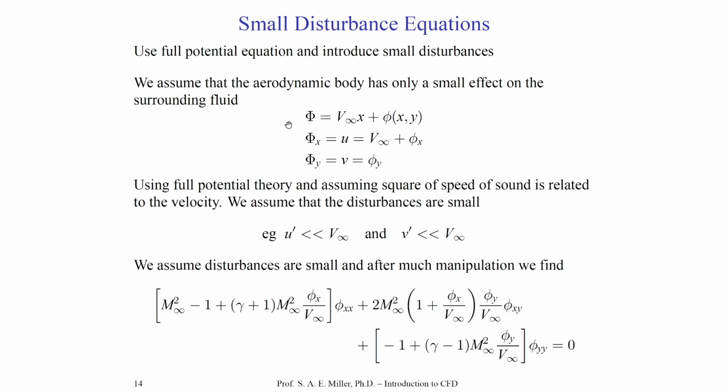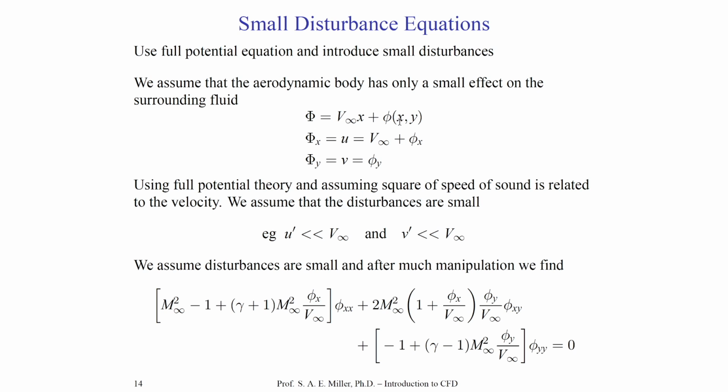Now we'll write our potentials, partial x, and partial y, as these terms on the right side of the equations. For example, capital phi will be the ambient velocity, it might be 500 meters per second, times some position x, plus little phi. So that means the solution variable we're seeking now is little phi and not necessarily big phi.